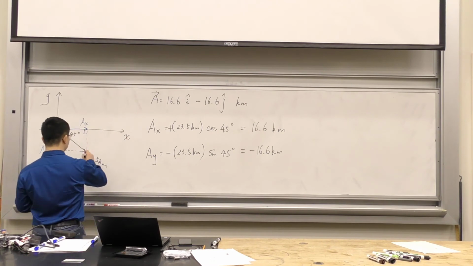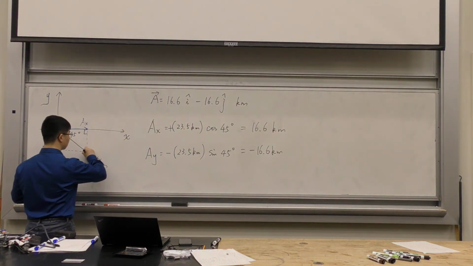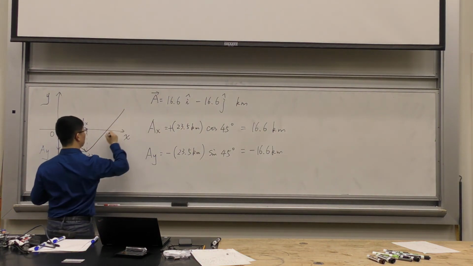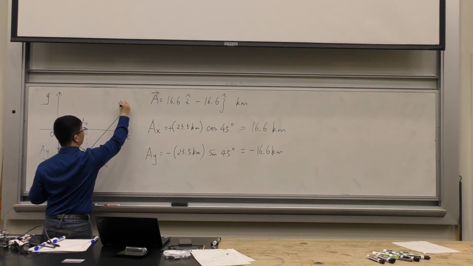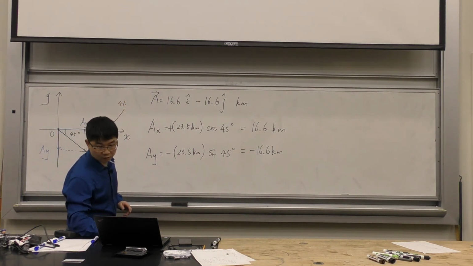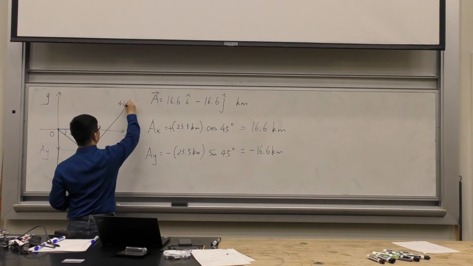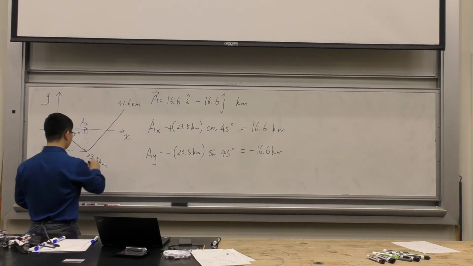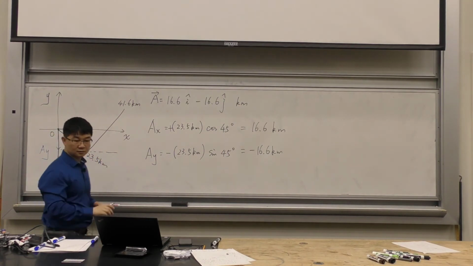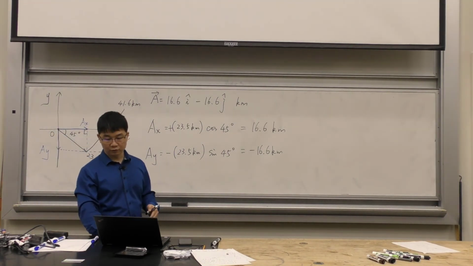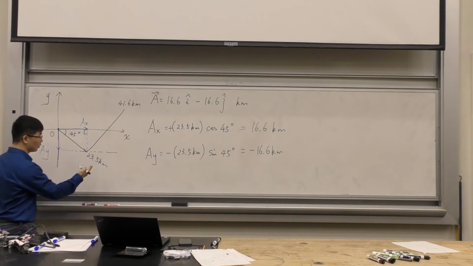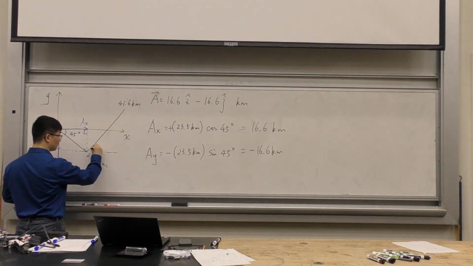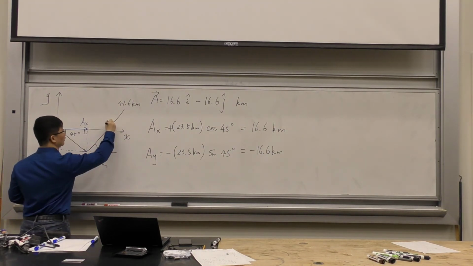So if I draw that, she's going to start from here, and walk another 41.6 kilometers in that direction. The angle says 60 degrees north of east, so you start from east, you go 60 degrees to the north. That's what it means.